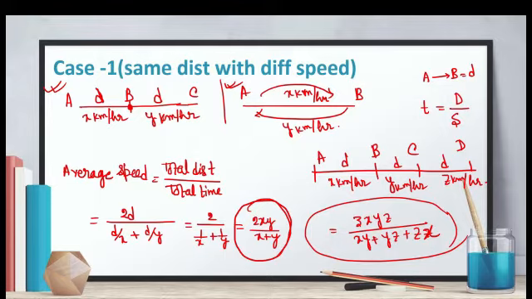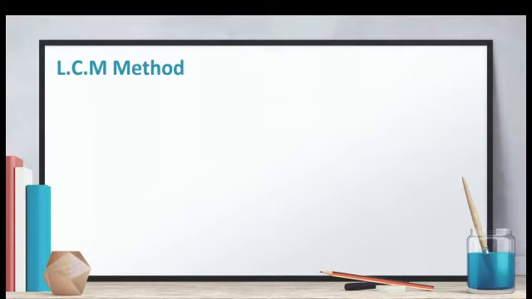What we will do? We will proceed with the LCM method. The LCM method is very important to solve time and distance problems easily. Suppose a car moves with three different speeds like V1, V2 and V3.